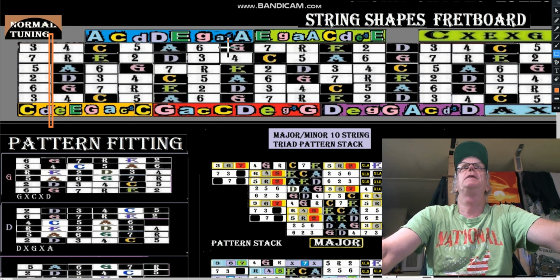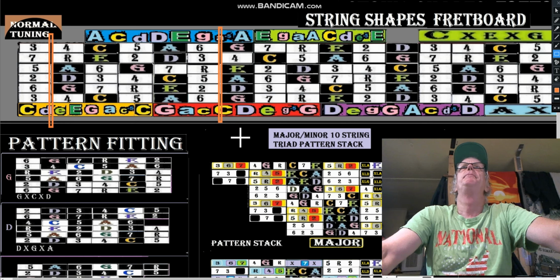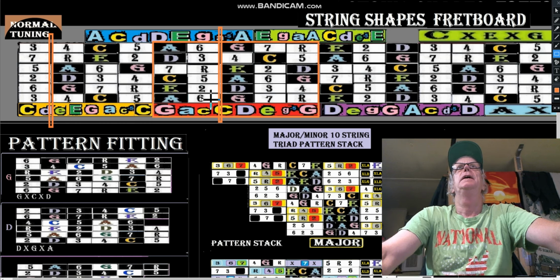Let's say we decide to put the fret nut right here. And then what do we got? Well, it turns out if we do that, we're looking at the key of G, because this stuff goes away.